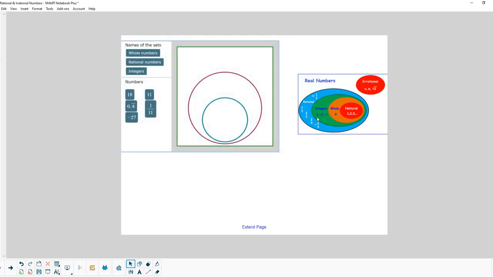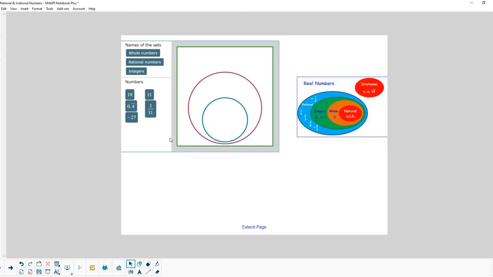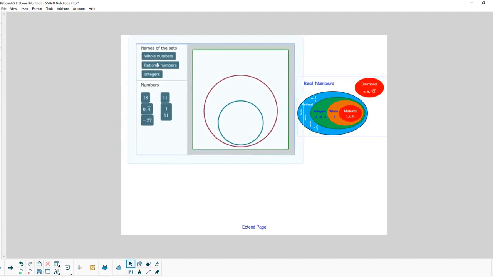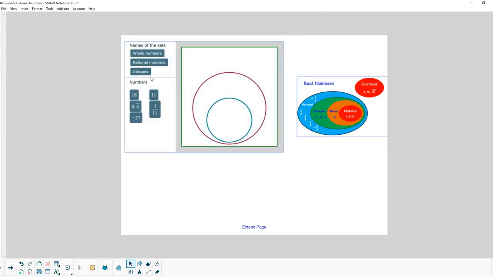So what we're going to do is just put the words on there. Normally on Alex, you'll be able to drag them over. So this is going to be rational numbers, the outside circle right there.